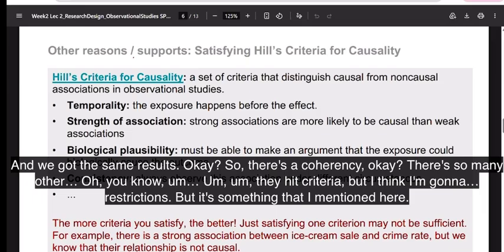So there's coherency. There are so many other criteria, but I think I'm going to restrict us to these.